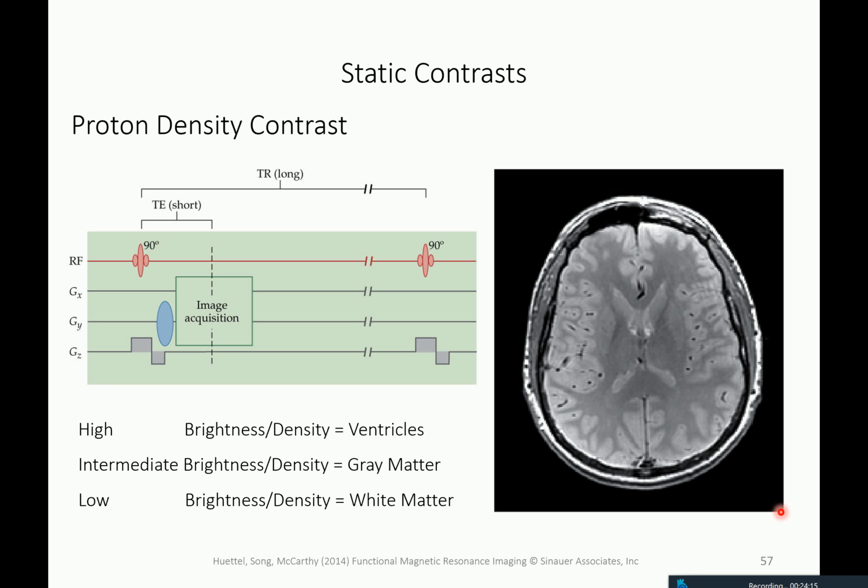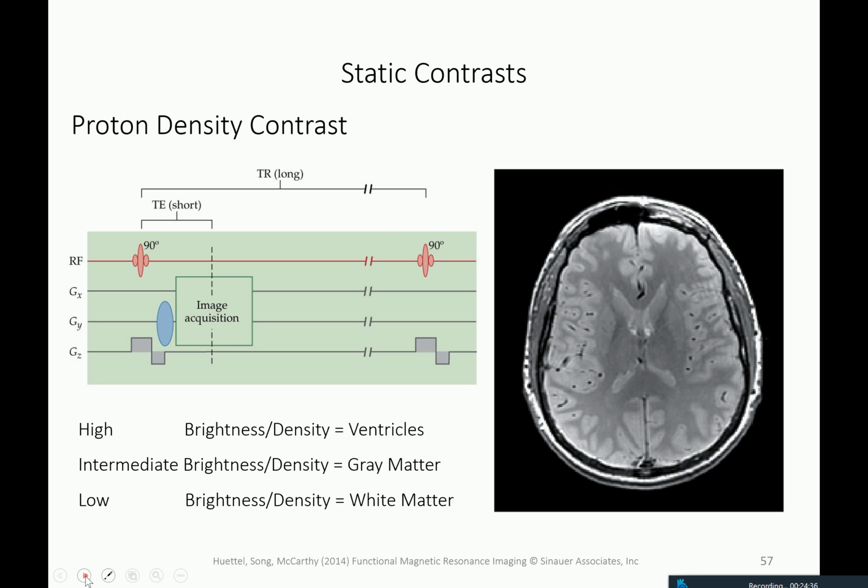So you try to ignore the T2 decay, because you measure right after the tip, and you also try to ignore the rebuild of the longitudinal magnetization, because you measure after some long time. So you can ignore the relaxation processes if you want this.